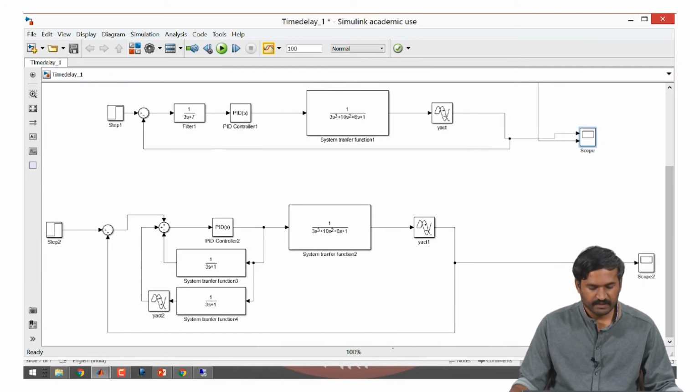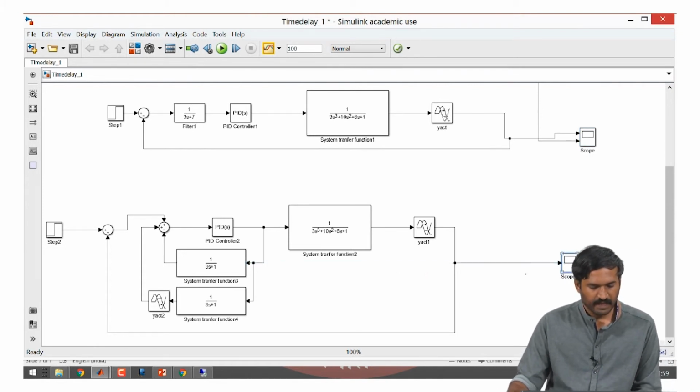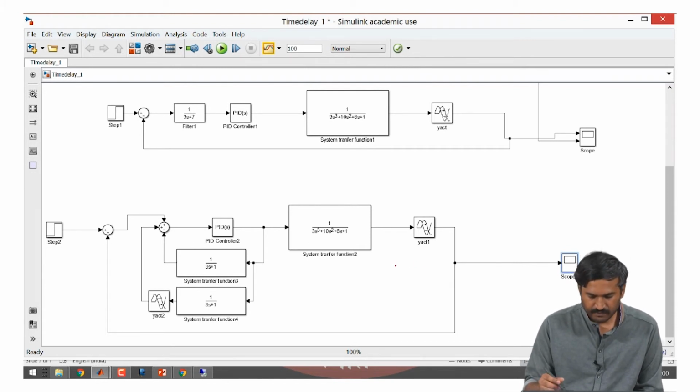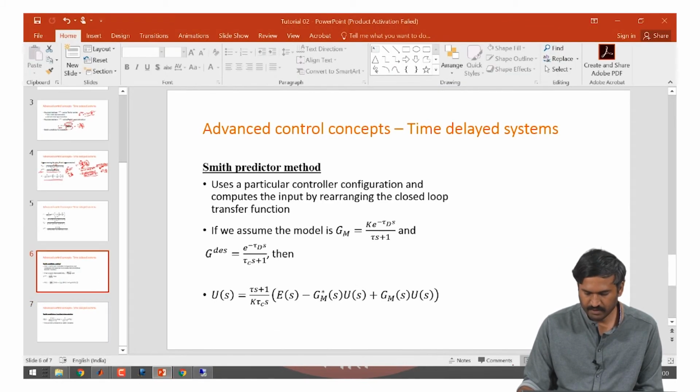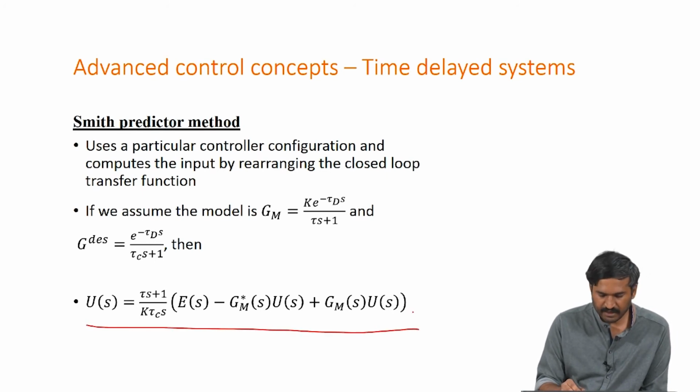So the first way in which we can see, in which we have that U of s equals to, now this method is what I have used in the Simulink tutorial.